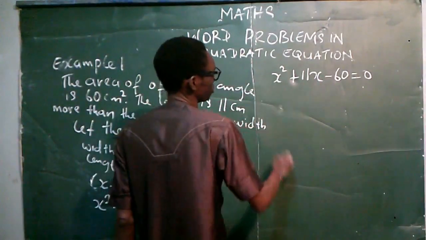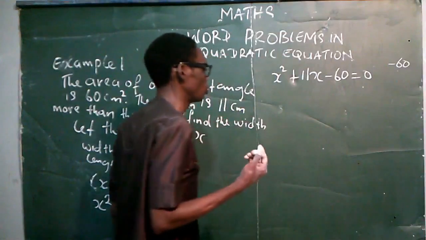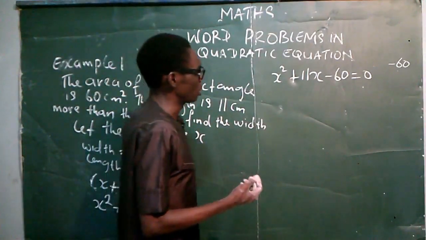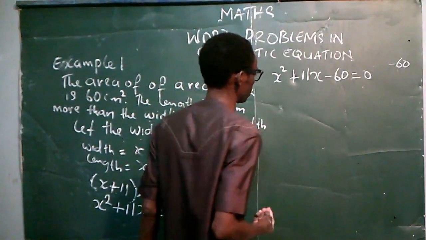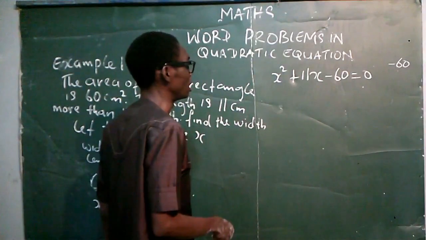1 times minus 60 is minus 60. We will now look for two numbers such that their product will be minus 60 and their difference is going to be plus 11.